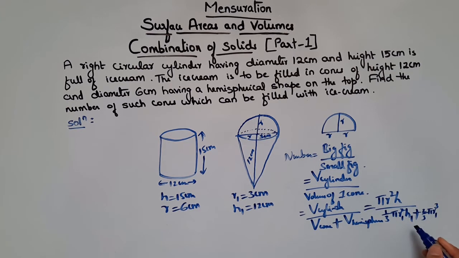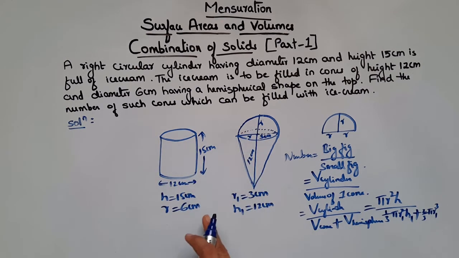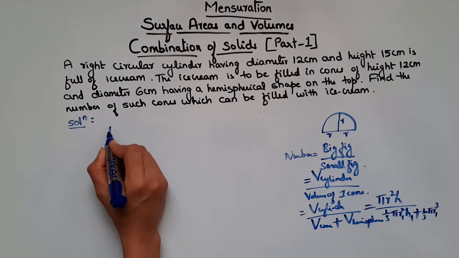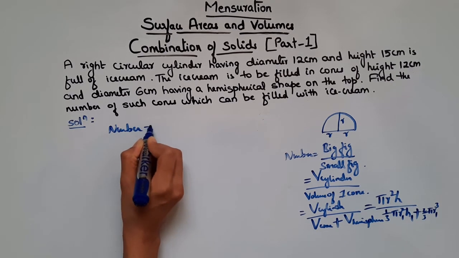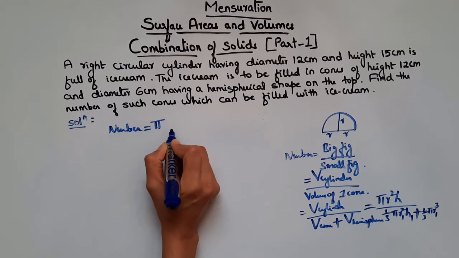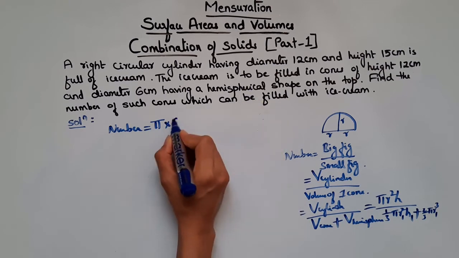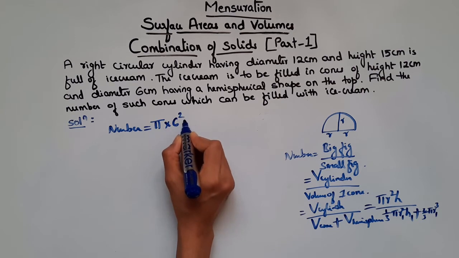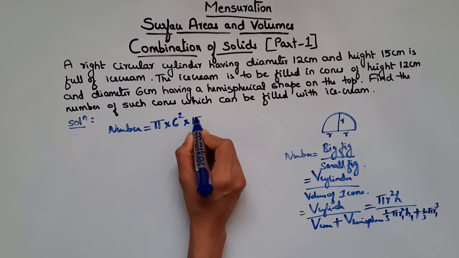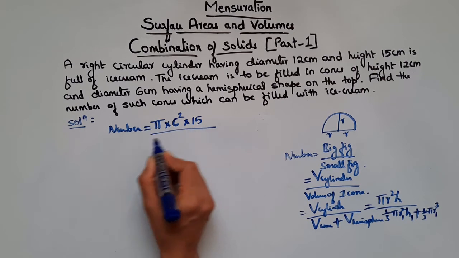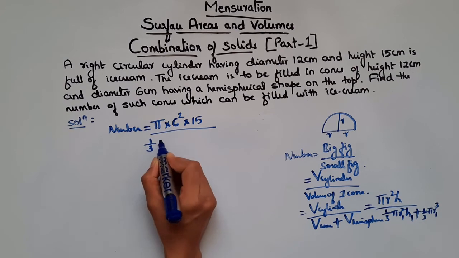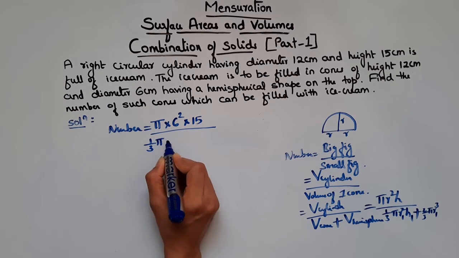Alright, now let's substitute the values. Let me erase this part and continue here. So we have the number equal to pi into, what is R? R is nothing but the radius of the cylinder. So the radius of the cylinder is 6 centimeter. So 6 square into the height of the cylinder, which is given as 15 centimeter, divided by 1 by 3 into pi into r1 square.